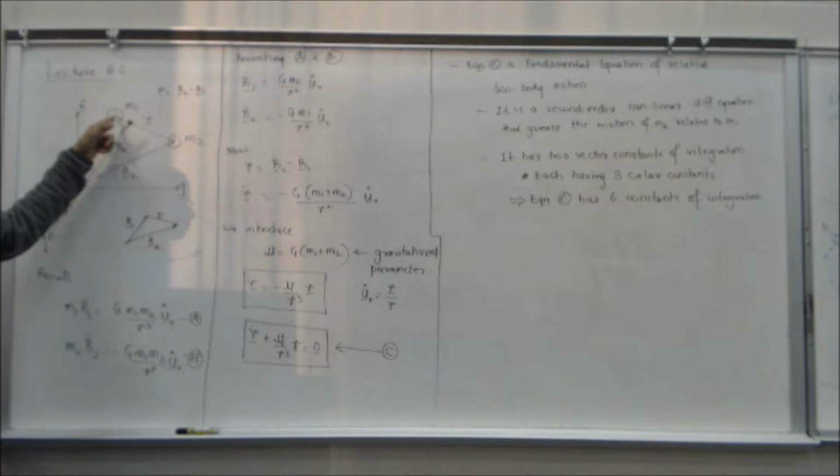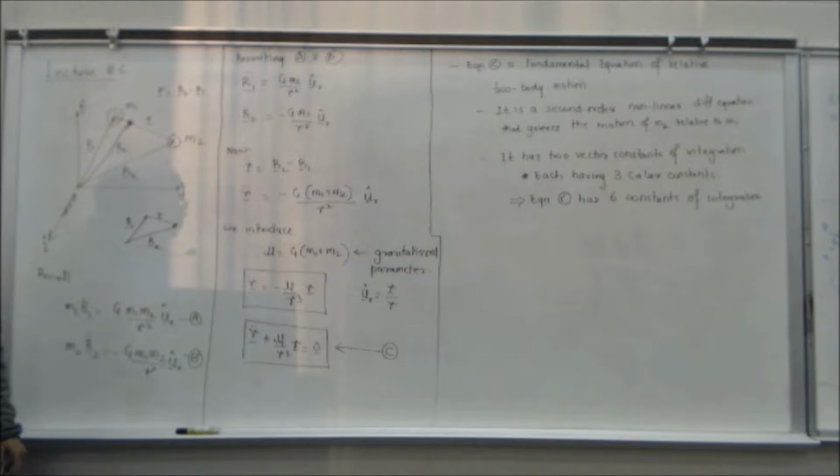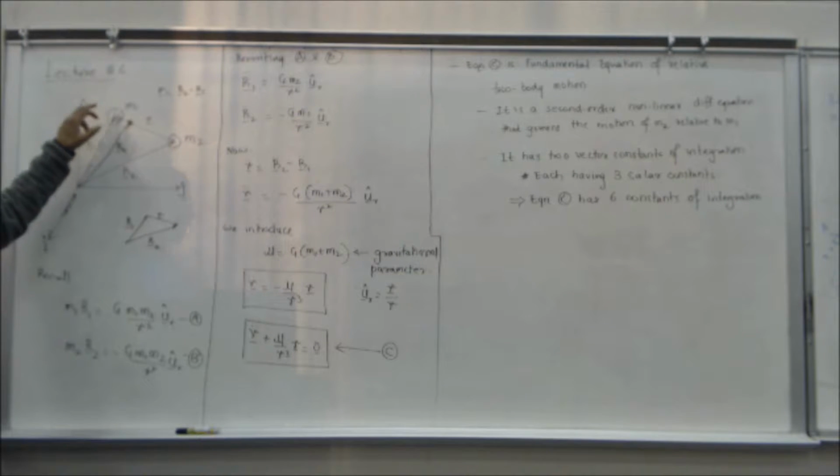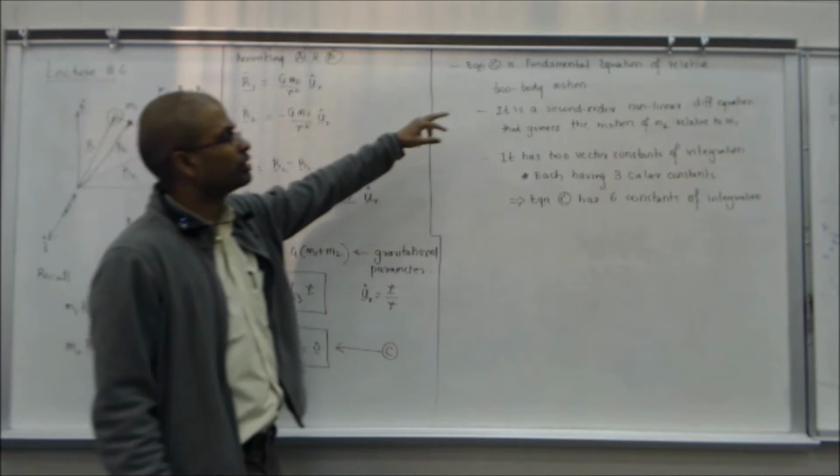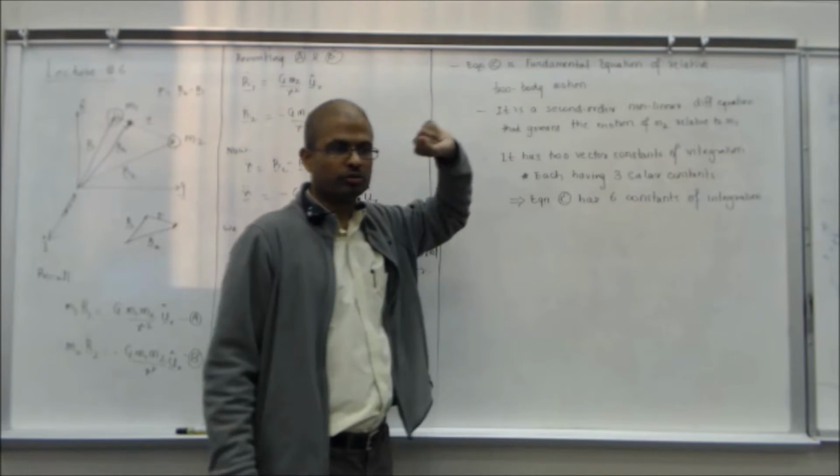We are M1, and what we're looking at is M2. We are on M1 and we are trying to look at M2. Because in the absolute context, we don't know where this point, this reference frame, is anywhere in the universe. But we will always know relative position, relative motion. That is the reason it is called relative two-body motion.